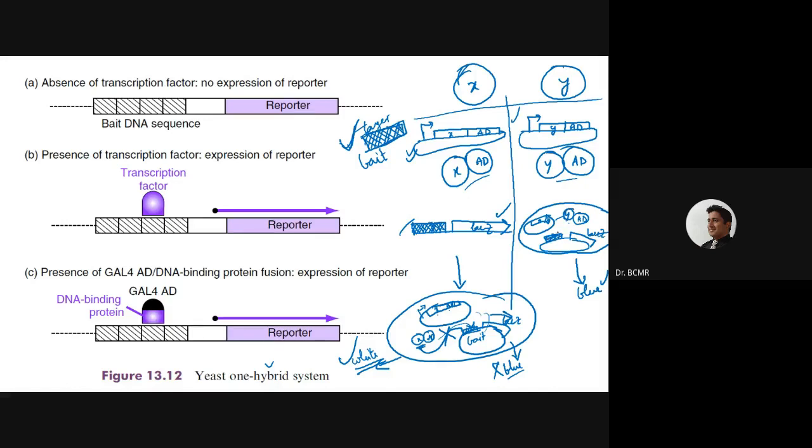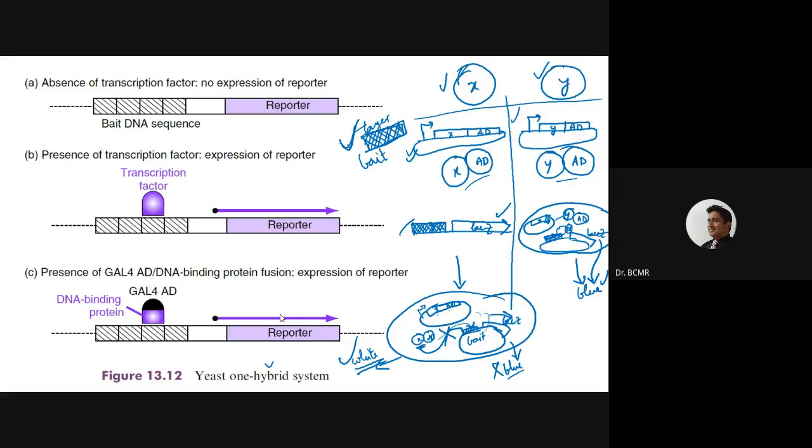That is Y. If it binds here, the AD sequence must have activated transcription of lacZ, and lacZ must have given rise to blue color. You are indirectly able to figure out if the protein either X or Y is able to interact with the bait sequence. Okay, that is how one uses this yeast one-hybrid system.